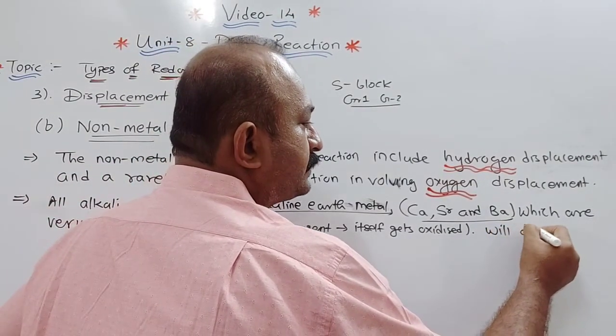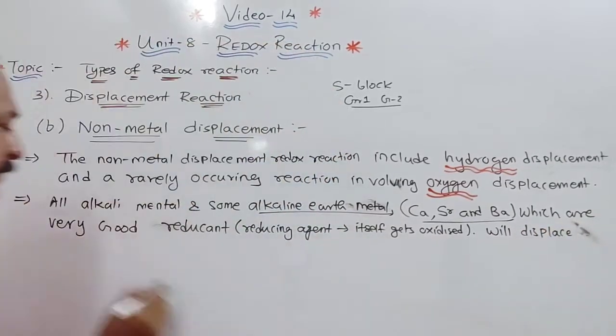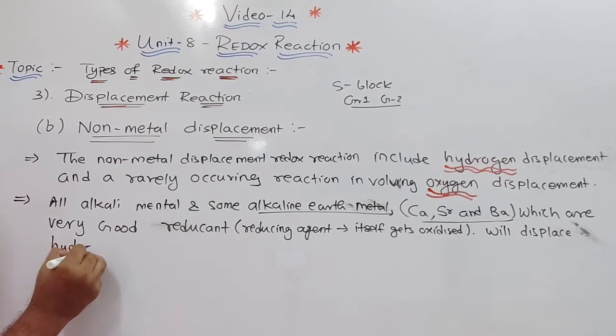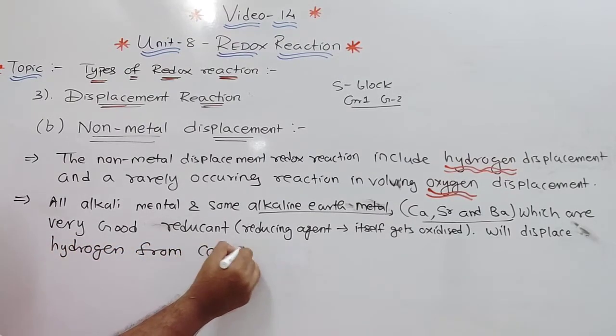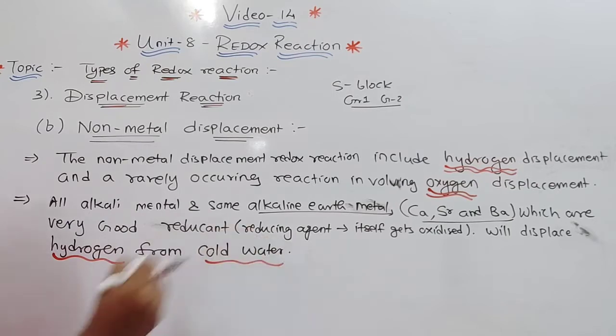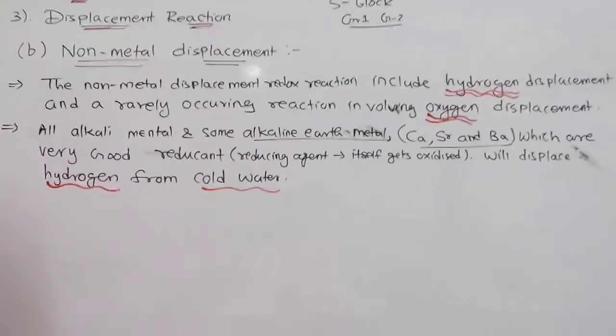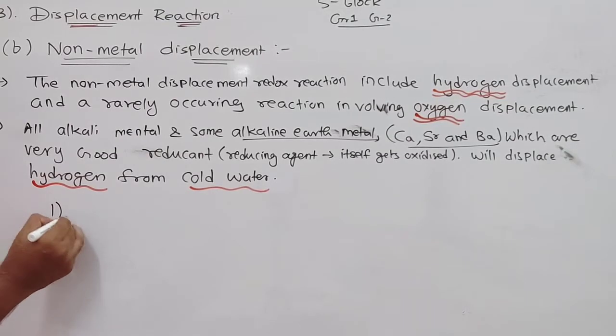This means these non-metal displacement reactions displace hydrogen from cold water. Understood? So these are the cold water reactions that we are going to see one by one. The first reaction, what is that?